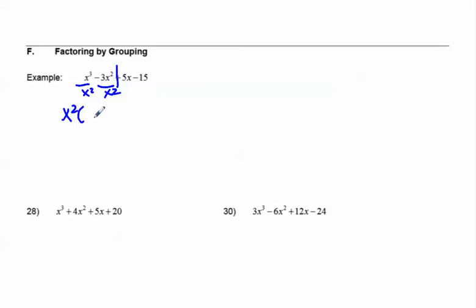So x cubed over x squared is x, and these x squareds cancel, so I get x minus 3. And these two have a common factor of 5, so I'm going to factor the 5 out. When I divide these, I get x, and when I divide these, I get minus 3. So one of my factors is x minus 3, and that's being multiplied by x squared and by plus 5.